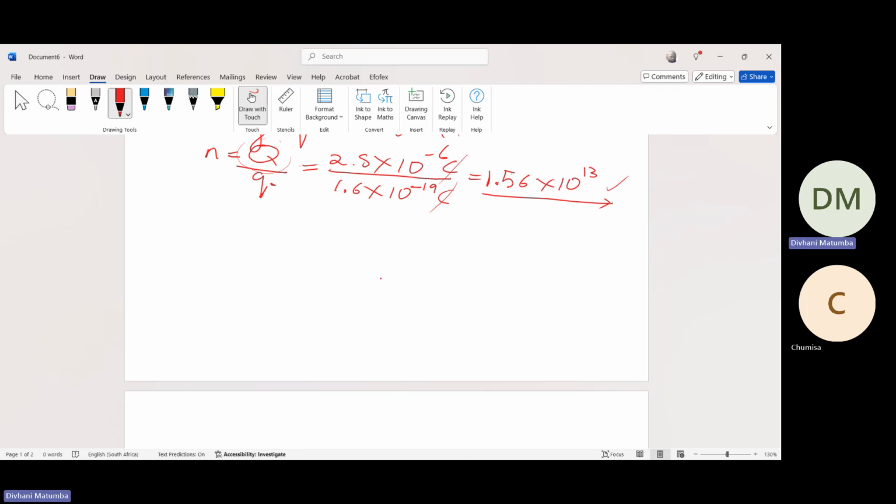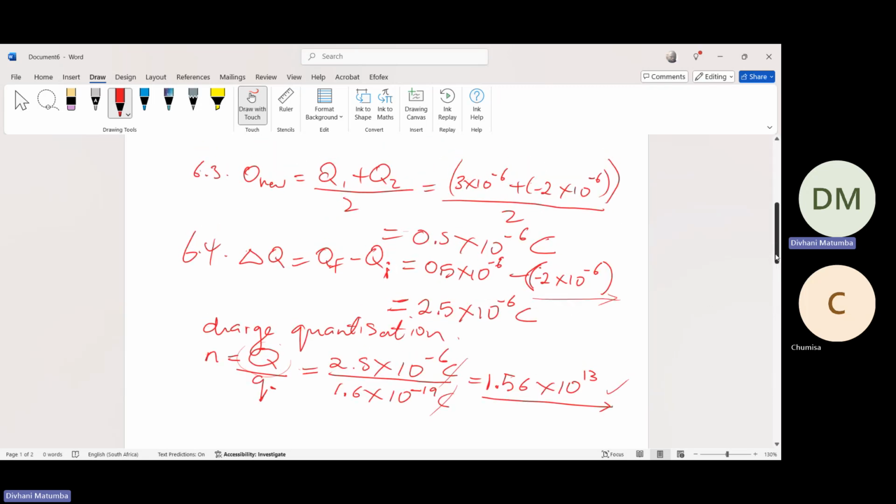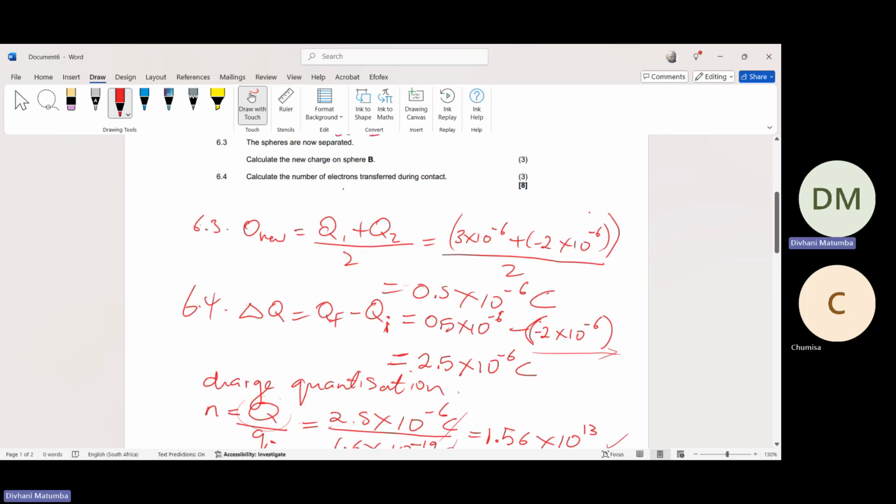Okay, no problem. After separation, the two spheres will have the same amount of charge. You remember? Can you repeat that, sir? After separation, the two spheres will have the same charge. Do you agree? Yes, sir. And to calculate that charge, we know that the Q new will be Q1 plus Q2 divided by 2.